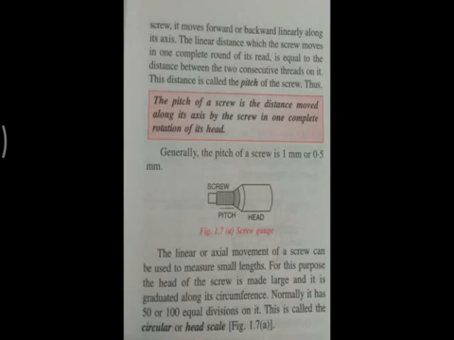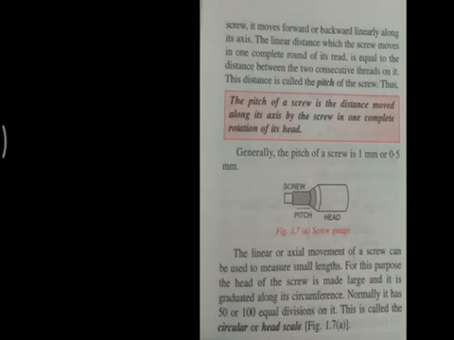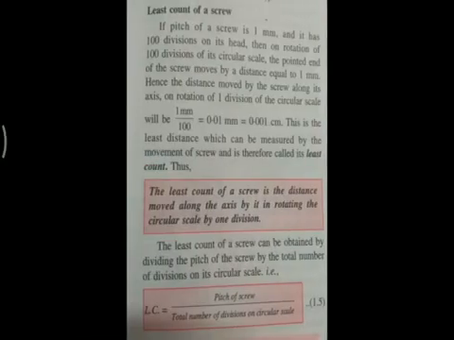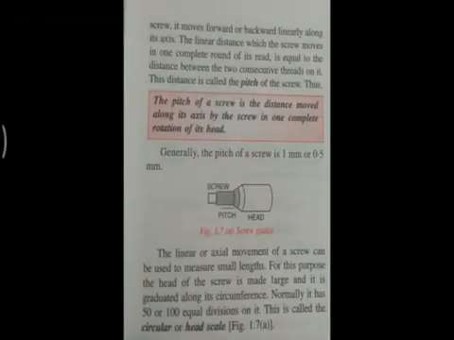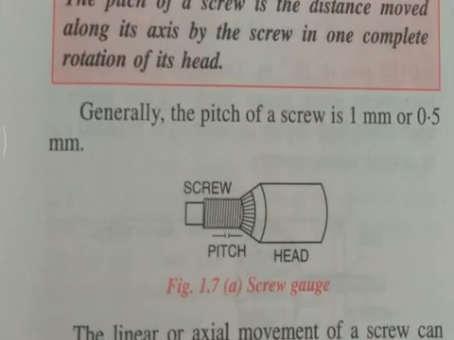So before calculation we must know the least count of the screw. What is the least count of a screw? Suppose the pitch of a screw is 1 millimeter, meaning the distance between two consecutive threads is 1 millimeter, and on the circular head, see over here, the divisions are there, right?